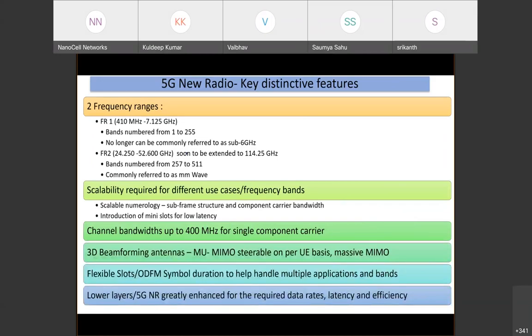Okay. So just to summarize, new frequency ranges, numerology, large channel bandwidths, especially in FR2, but even in FR1, all those massive MIMO, etc., all that flexibility in the TDD, OFDM symbol, etc. And the whole idea is to prepare the 5G NR lower layers for achieving lots of goals, because we can't go back there and tweak as we embark on this 5G journey.